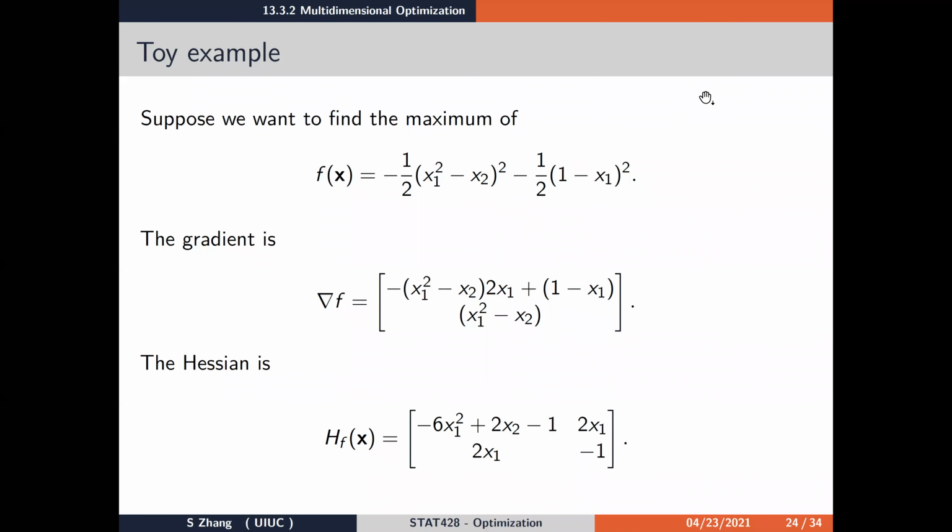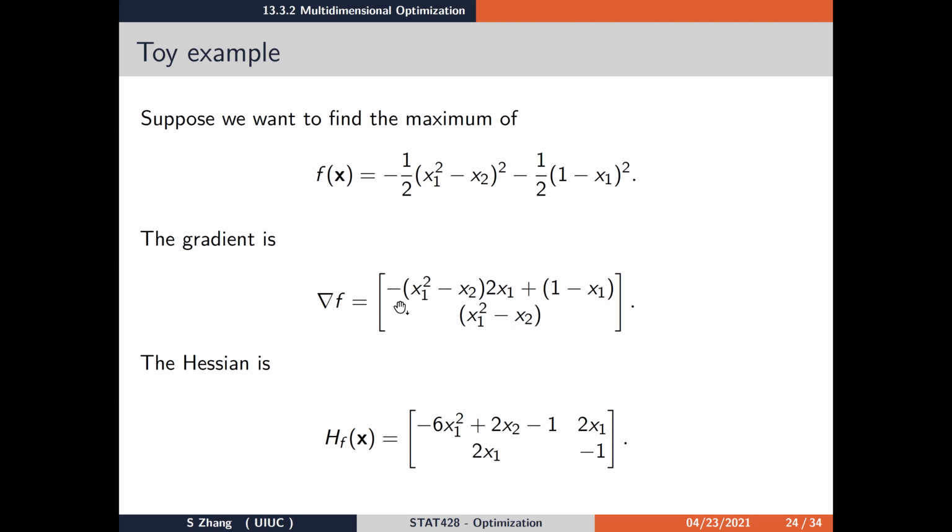So let's see a toy example of maximizing a function and finding its gradient and Hessian and applying the Newton-Raphson multidimensional method. Suppose we want to find the maximum of f of x, which is given by this formula over here. You can see x in this case has two dimensions, x1 and x2. We can find the gradient, which is equal to the partial derivative of f against x1, which is the first entry, and then the second entry is the partial derivative against x2.